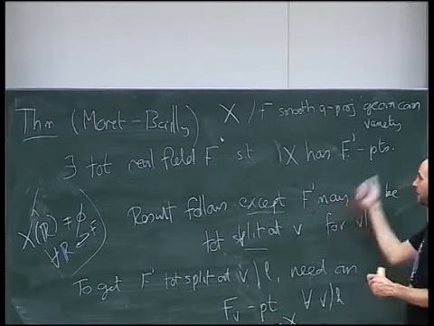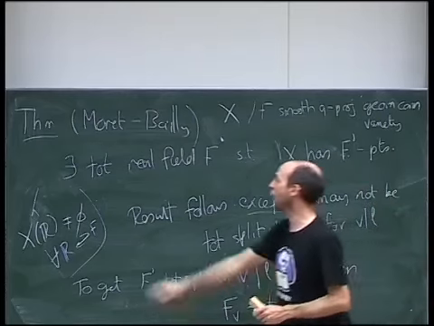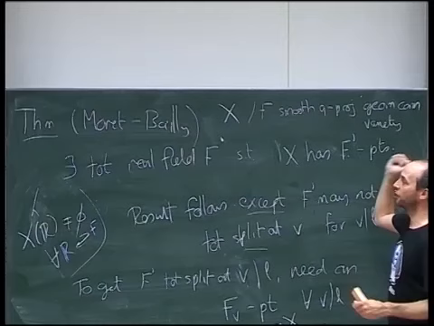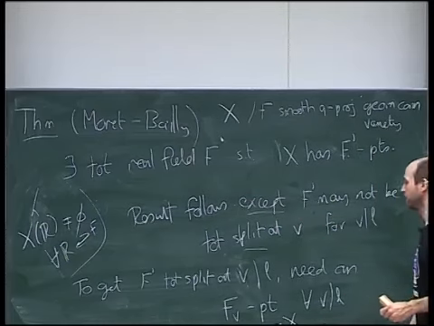So it's an analogous thing. If you've got R points, then you can assume f prime is totally split at infinity. If you've got F_v points, you can prove it's totally split at v.